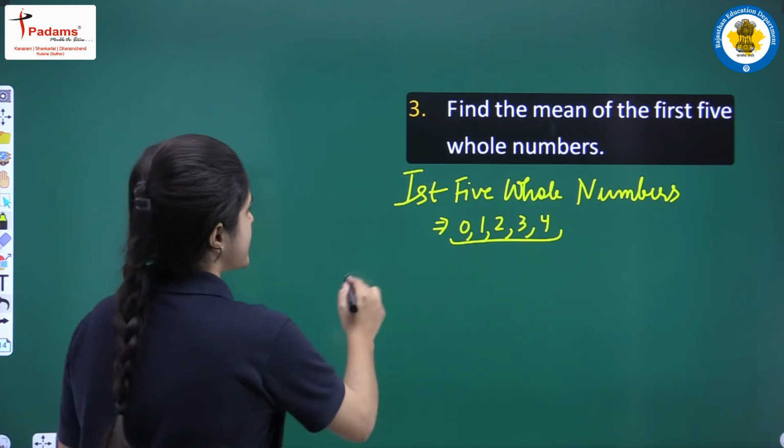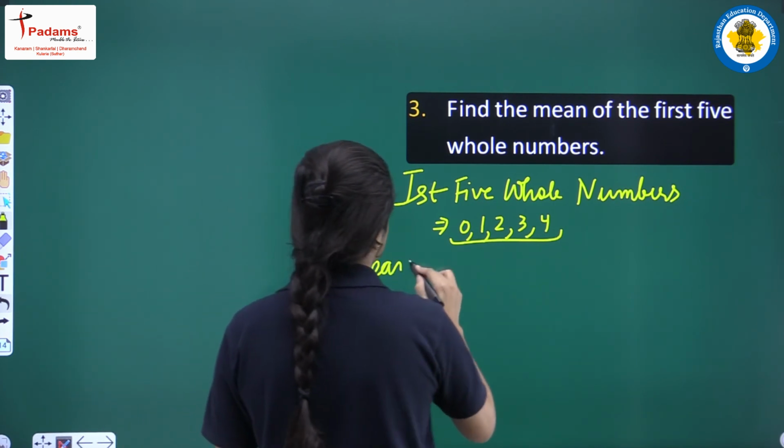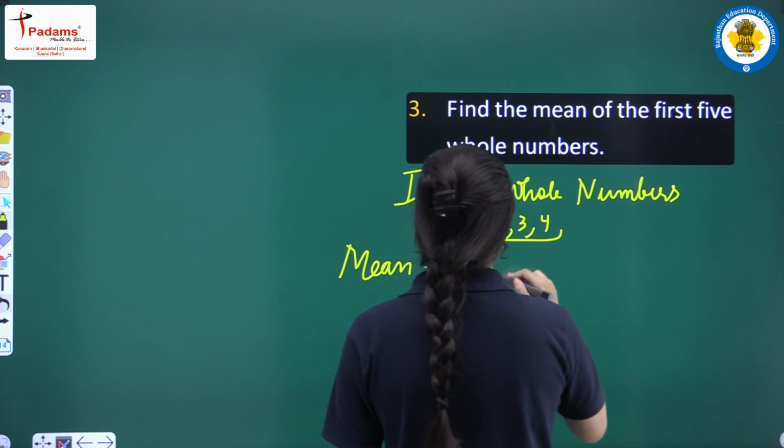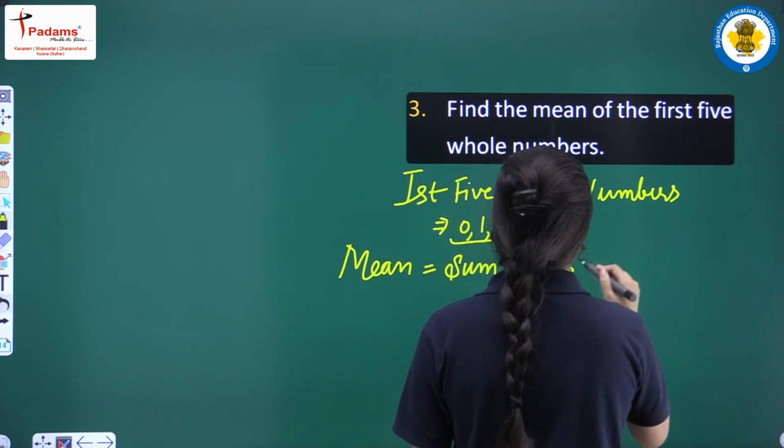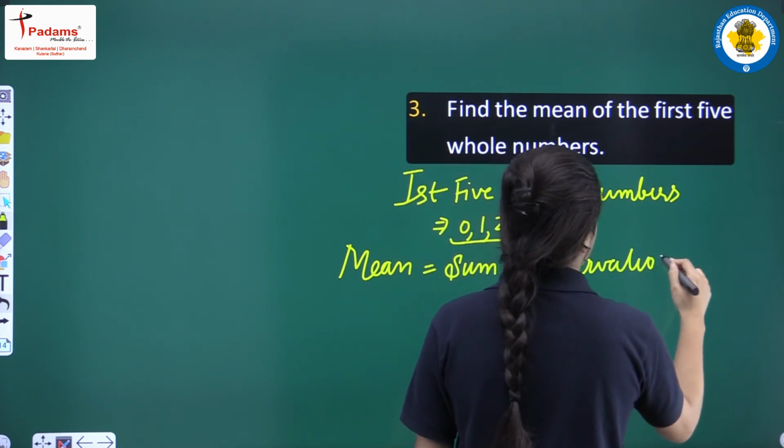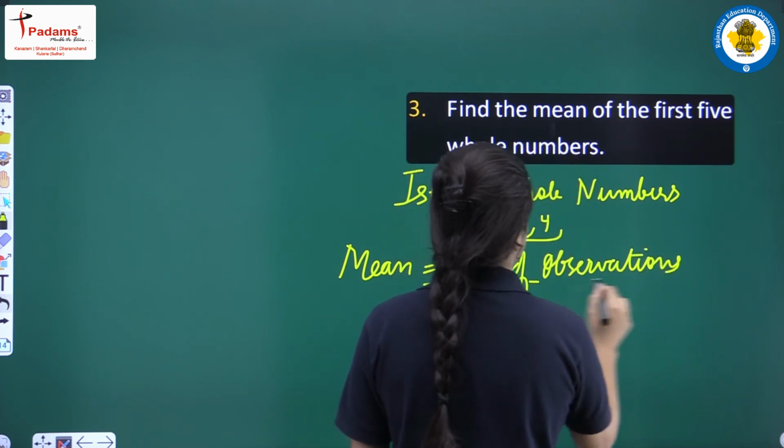Okay students, so the mean is equals to sum of observations upon the number of observations.